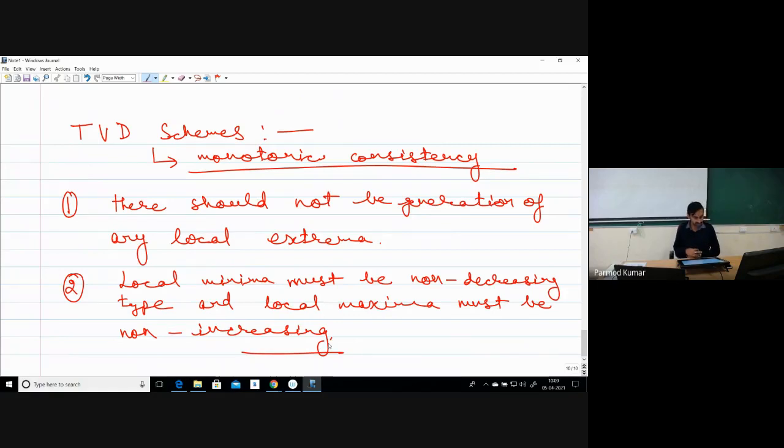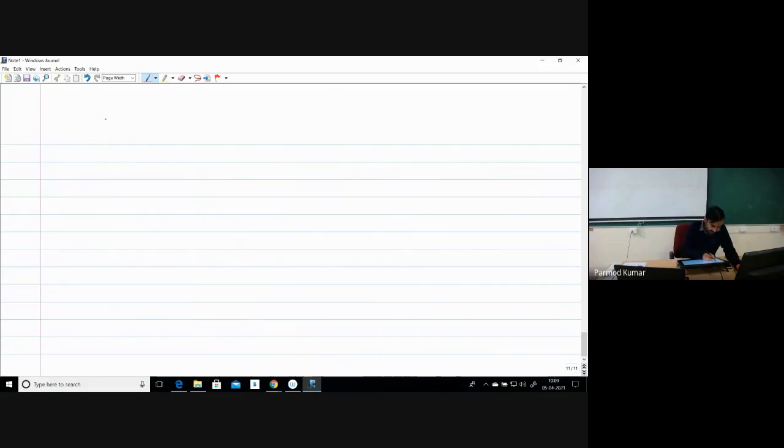Okay, the first fundamental criterion is we should not be having generation of any local extrema, and the second condition I am saying is that local minima must be non-decreasing type and local maxima must be non-increasing type of function. Okay, so let me just give you one example. Say I have some variation of phi over here, and that variation of phi is, say, something like this.